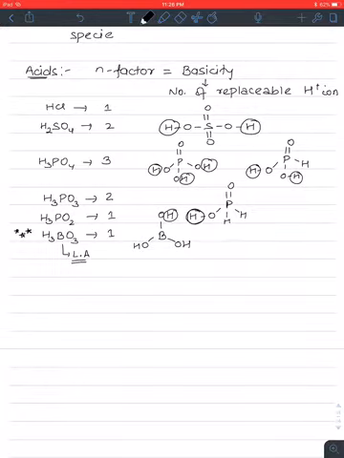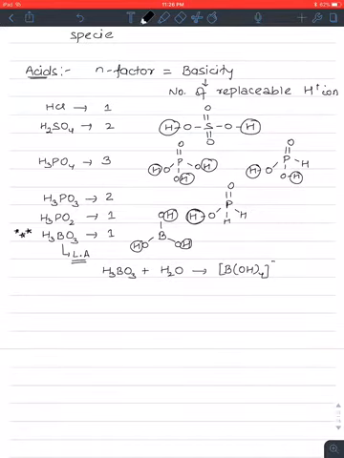Now if 3 hydrogens are attached to oxygen, why is its N factor 1? Why are all 3 hydrogens not replaceable? So in this case, if H3BO3 is added to water, it forms this compound, B(OH)4 minus.